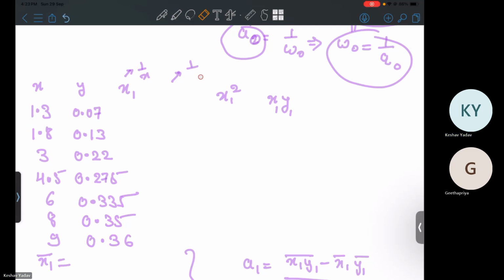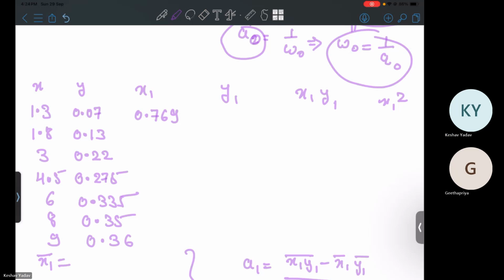Now we will find X1, and then Y1, then X1 Y1, then X1 square. So you tell me the value of X1. You do the inverse and tell me the value. I am also doing it here. So 1.3 inverse will be equal to 0.769.